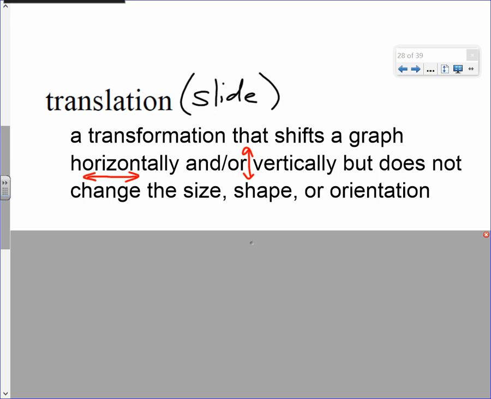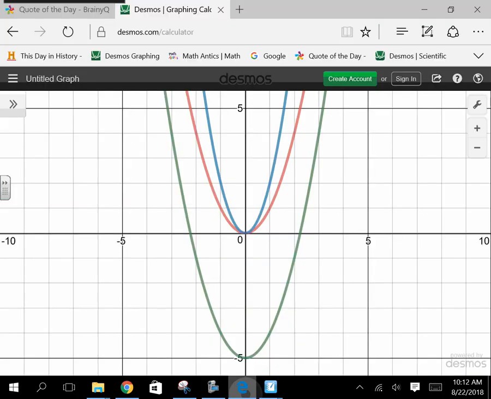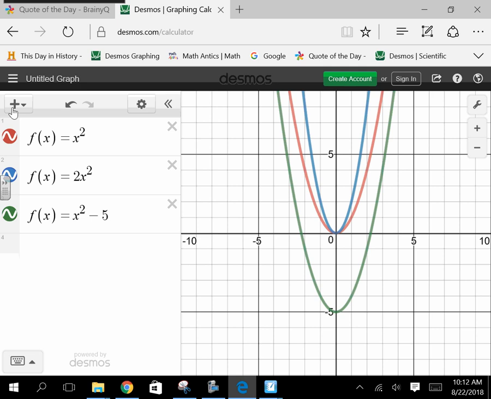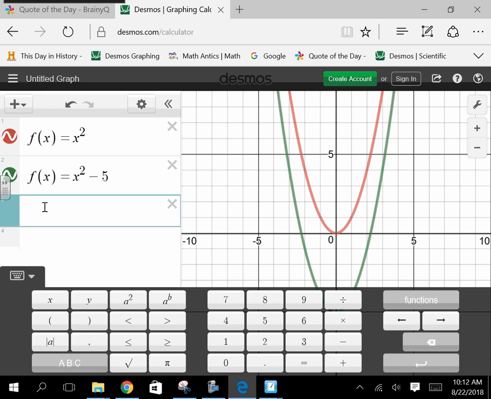Let me translate that parent I had up here. I already did with the green one. Let me erase the blue one. So here's a parent. There's a parent quadratic. I slid the parent down. I translated down 5 units. Let me translate it to the left 8 units.